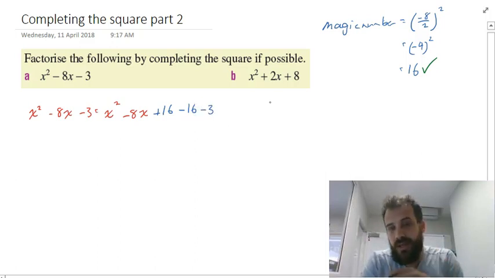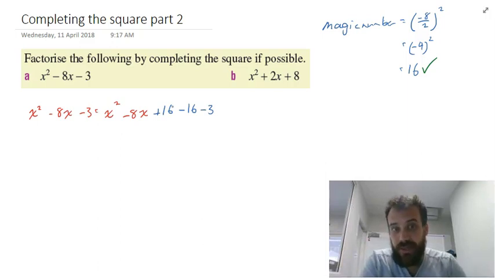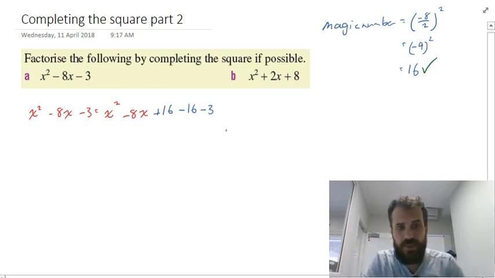Now the reason I'm adding and subtracting it is because I need it in there so I can complete the square. But I have to cancel it out as well because I want the expression to stay the same. I still want it to be x squared minus 8x minus 3. And if I add and subtract 16, then I'm not changing it. I'm adding 16, I'm subtracting 16, so it's still the same. Okay, good. Next step.